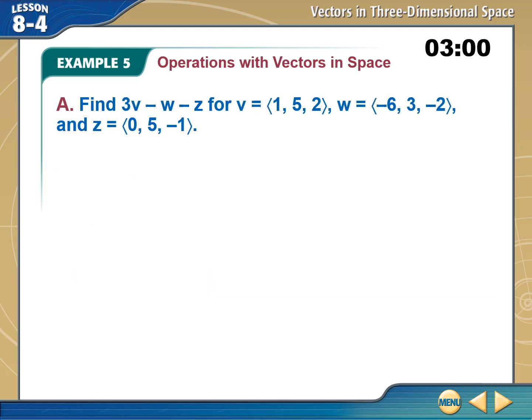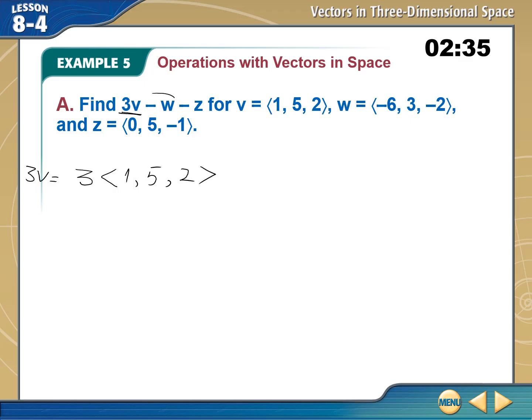So here we are asked to find 3v minus w minus z. Let's see. The first thing written is 3 and then v, so it is 3v. The components of the vector v are 1, 5 and 2.